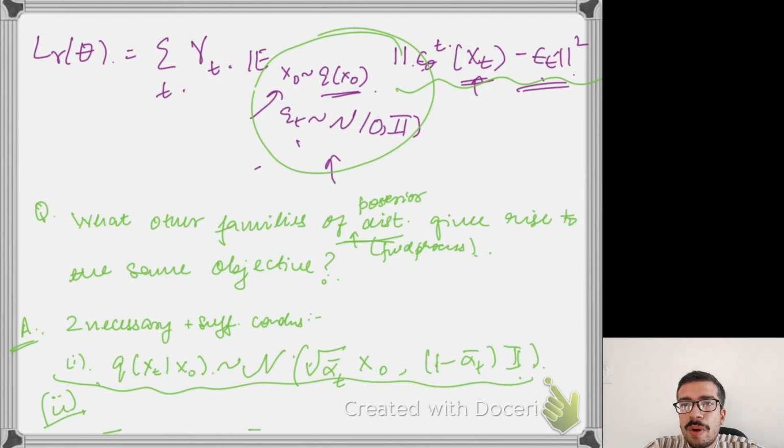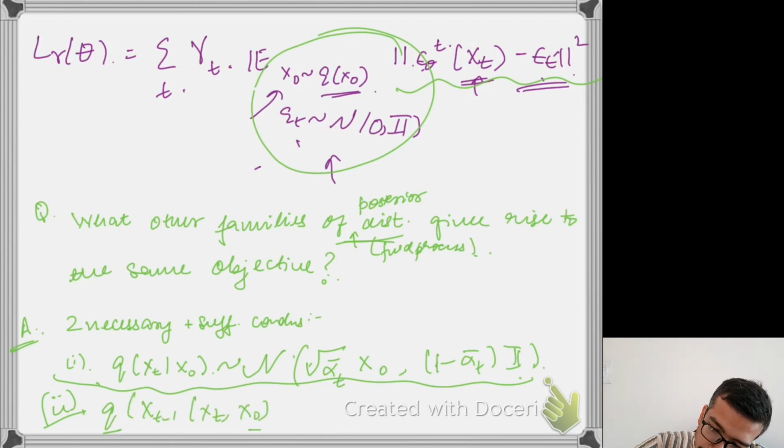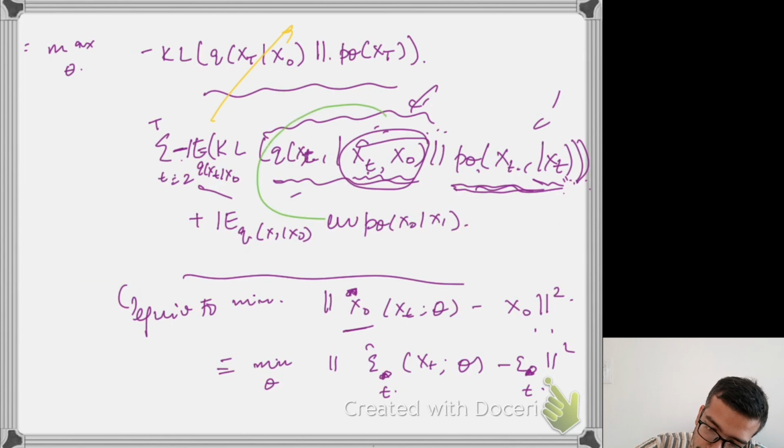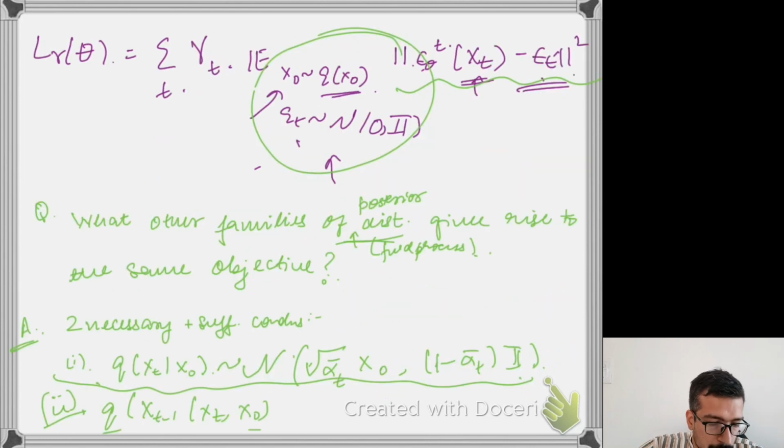But how do you go from difference between means to difference between x naughts? You can always do that provided q of xt minus 1 given xt, x naught is modeled as a normal distribution.